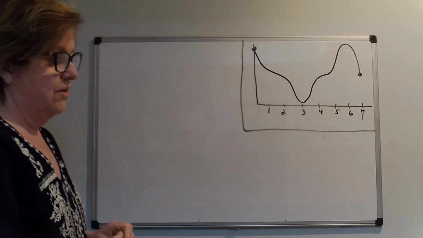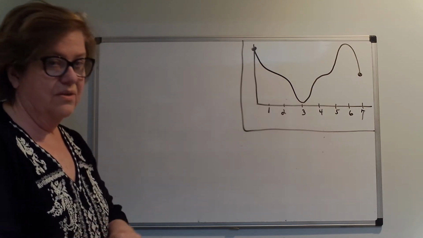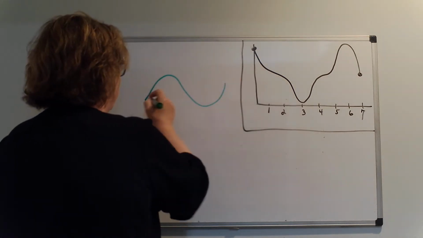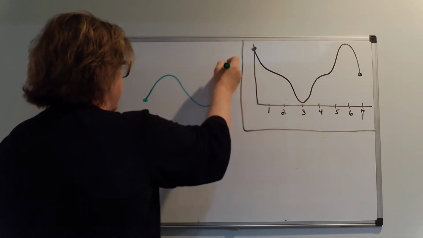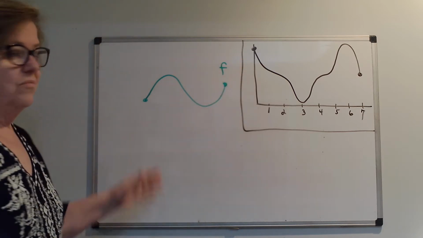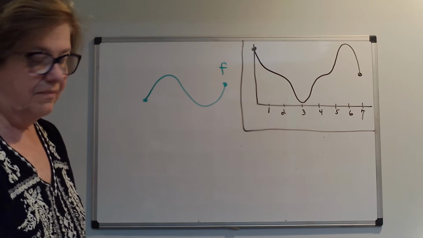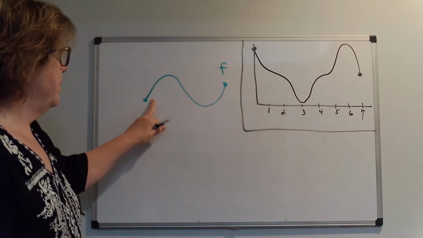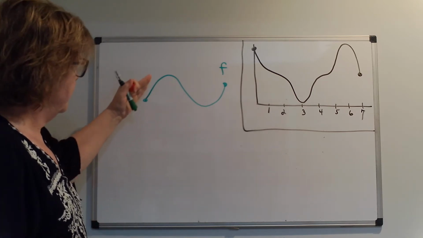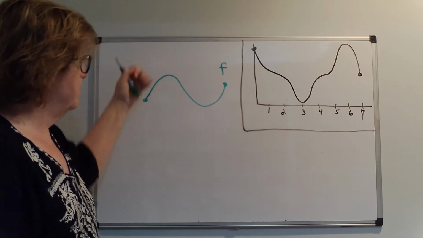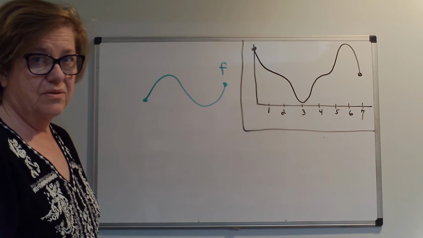Okay, so let's start with just a function, a simple function. This is f, and we're going to look at what the first derivative is. So you already know that here the tangent lines to this function are positively sloped.